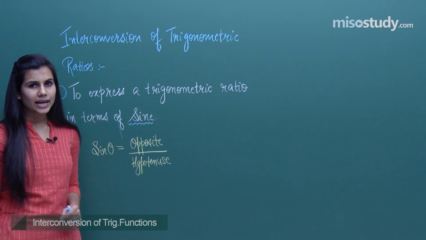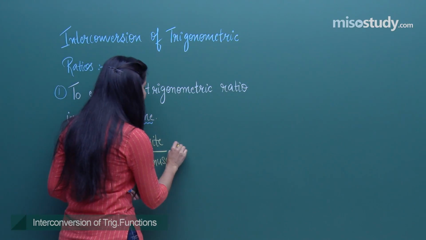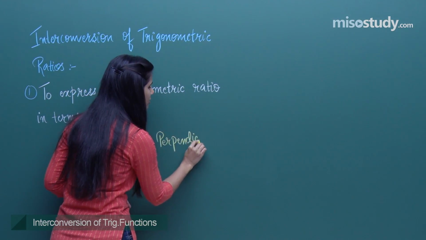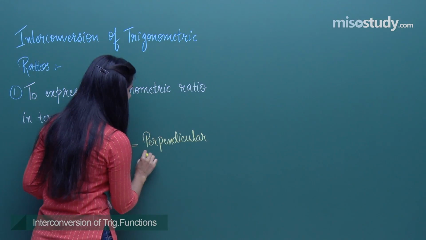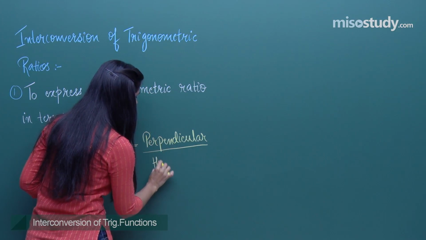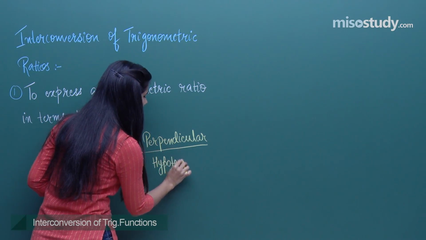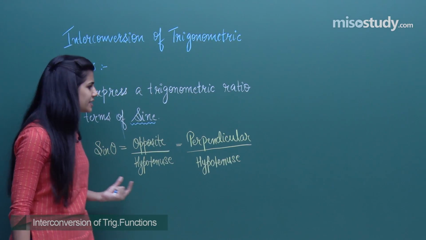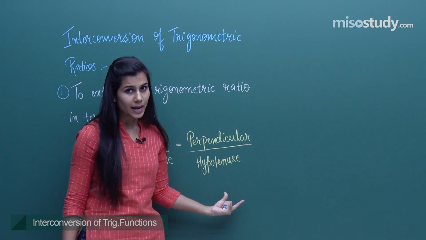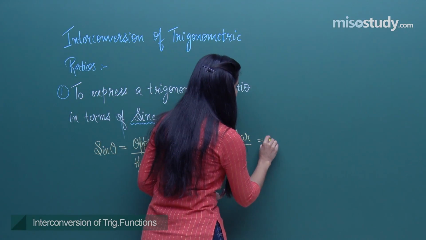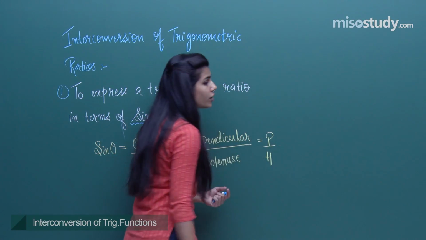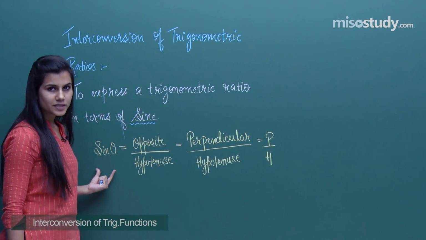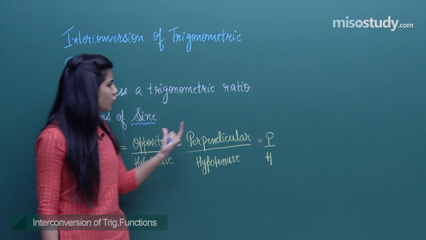Because the opposite side is also called the perpendicular, and the hypotenuse remains the same, sine theta can also be written as perpendicular upon the hypotenuse, which in short I express as P upon H.